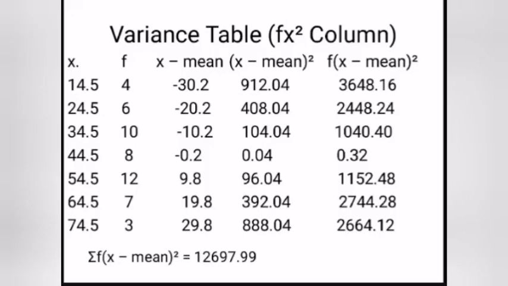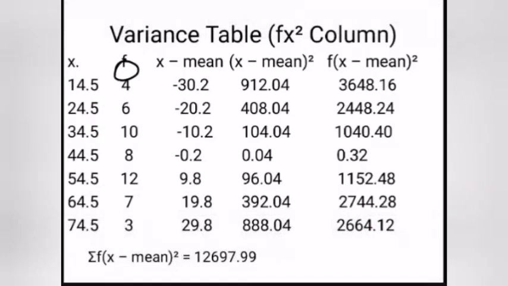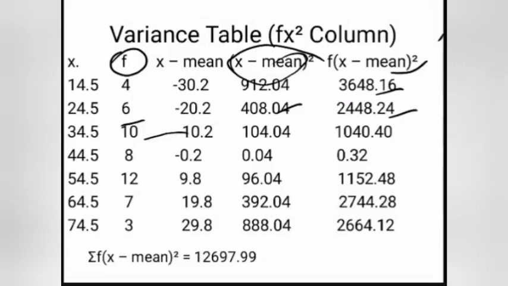So we're going to do f times this to get this. So we're going to do 4 times 912.04 to get this. We get 6 times 408.04 to get this. 10 and so on.